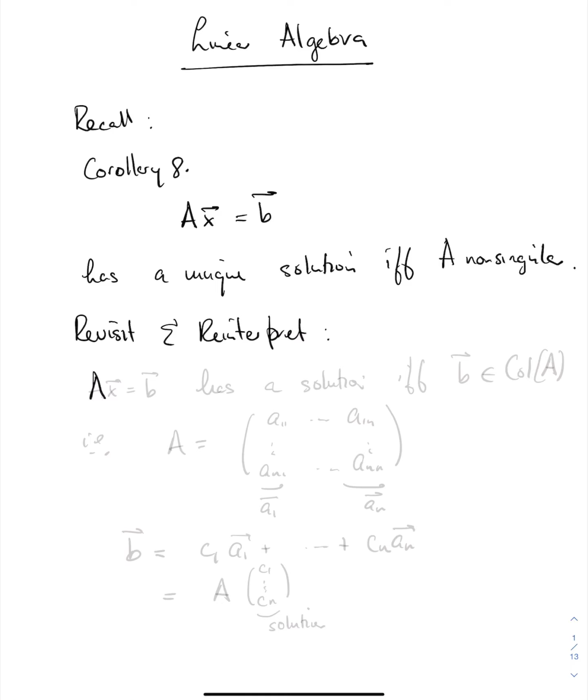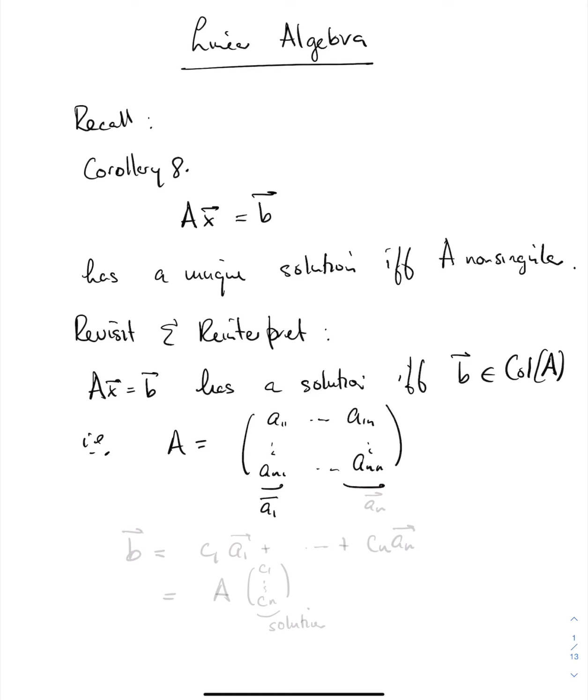All right, so Ax is equal to b as an equation has a solution if and only if b is in what we now know to be the column space of A. Just to lay out the details of this, say A is equal to A11 through A1n, An1, Ann as usual.